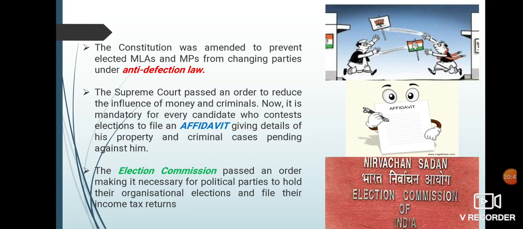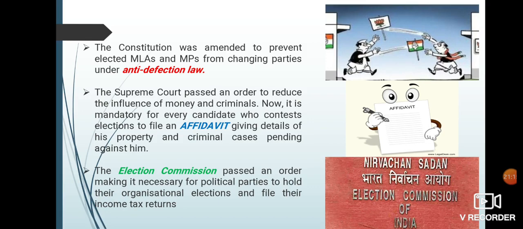This new law has helped in bringing defection down, but at the same time, this has made any dissent even more difficult, because now MPs and MLAs have to accept whatever the party leaders decide. Otherwise, if they leave the party, the defection law will be imposed on them and they will lose the seat in the legislature.